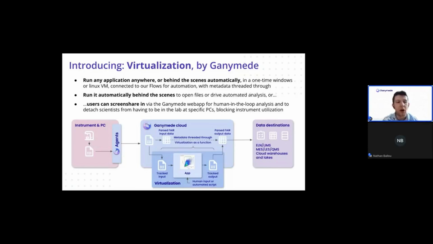And they can either be run automatically behind the scenes if you want to just automate some behavior of that analysis app, or users can screen share in via the Ganymede web app for human-in-the-loop analysis and going into do the same inspection and analysis and thoughtful science that they're doing today, but in a way that can be done from anywhere in the cloud, just via the browser, and extracts them from the wet lab. So it also helps unblock usage of instruments so that once people run the instrument, they can then immediately leave the lab and do everything from their desk.